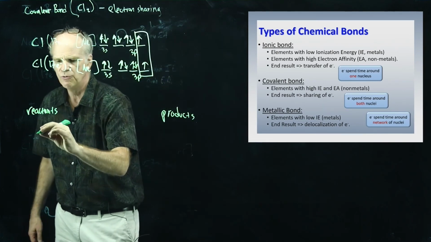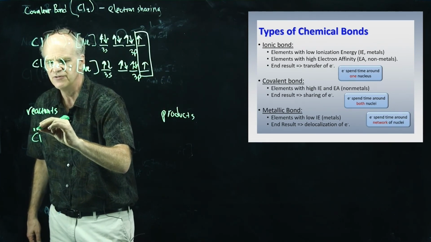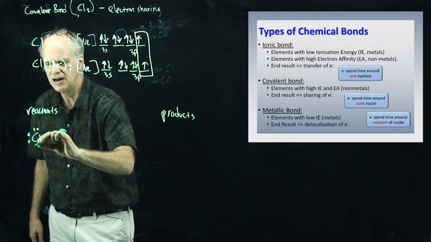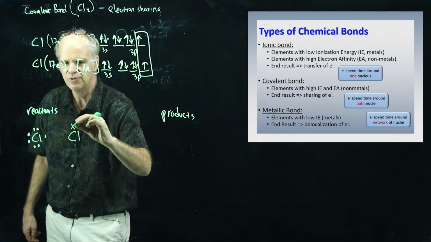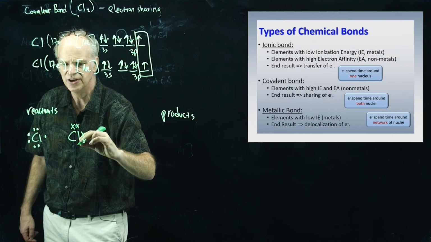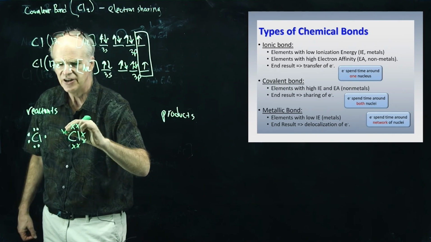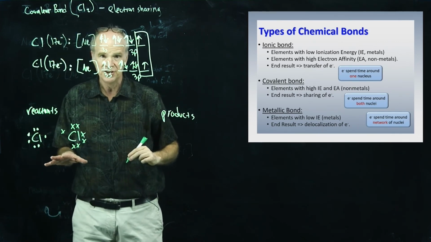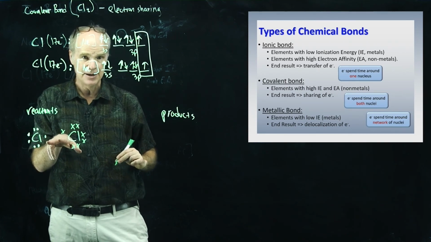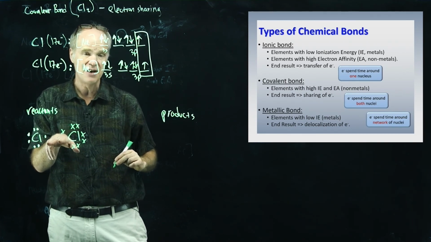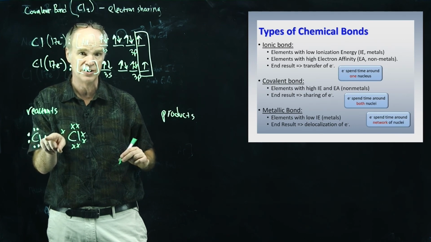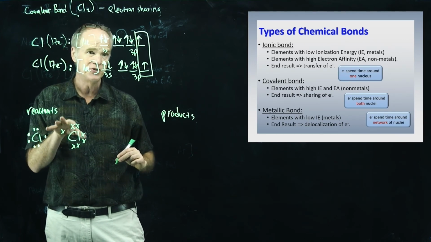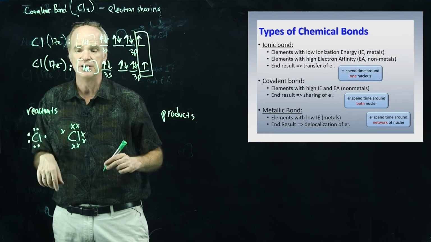We have one chlorine atom with its 7 valence electrons, which I'll draw as dots, and another chlorine atom with its 7 valence electrons, which I'll draw as X's. The first question is, to get these atoms to stick together, do we have a preliminary step where we transfer one of the electrons from one chlorine to the other? The answer is no. Again, that does not happen.